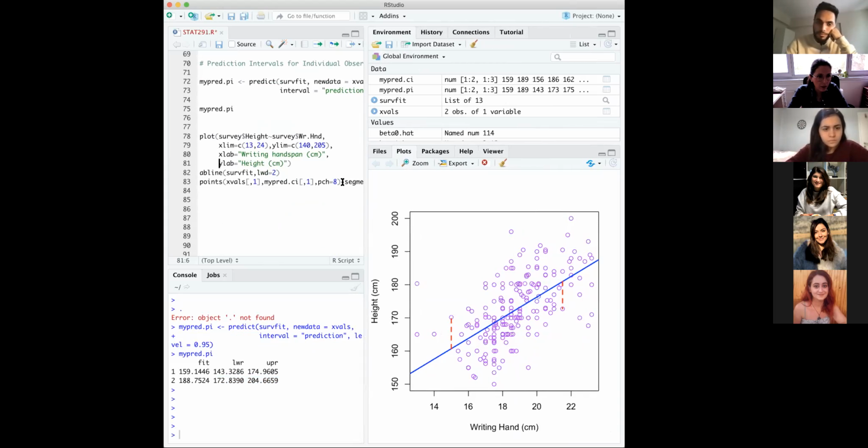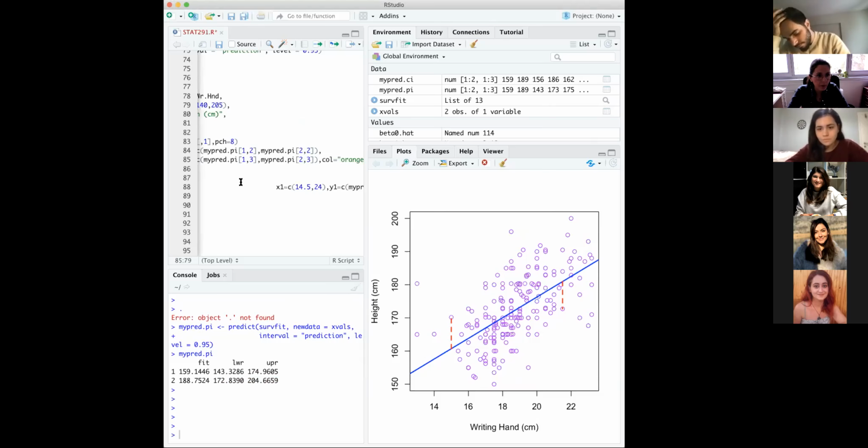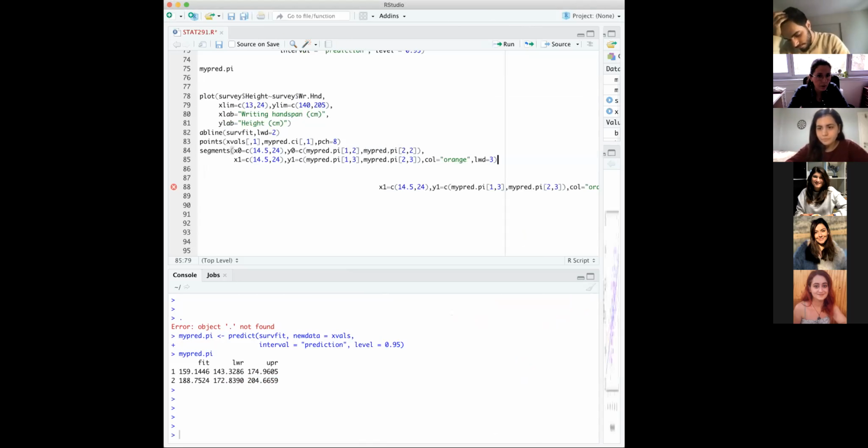I'm adding a line, and I have points and segments in here, x0, y0, my predictions. So maybe for segments, I should send them like that. Sorry, guys. Okay, this is my code.